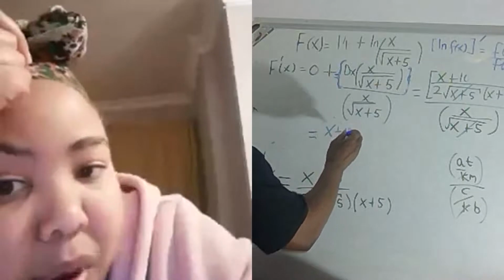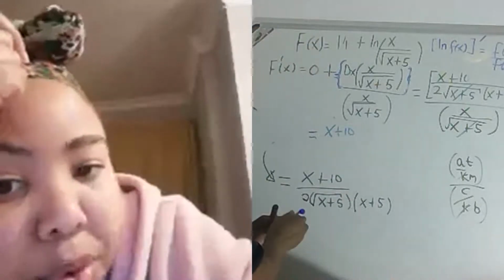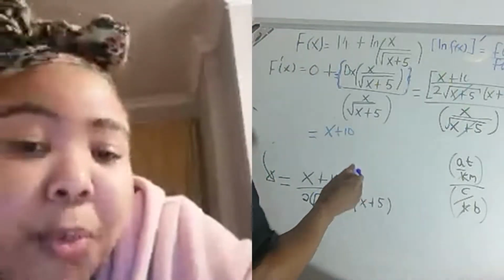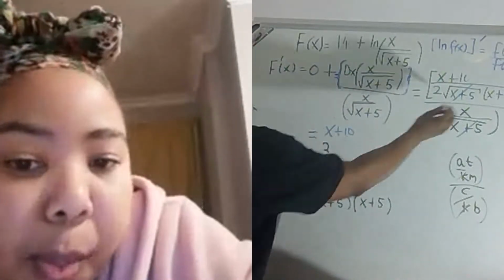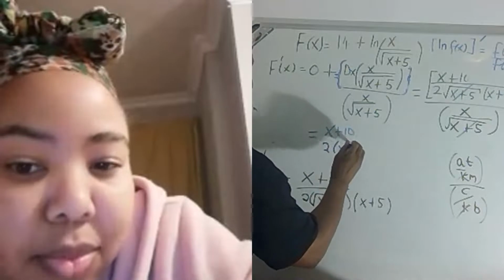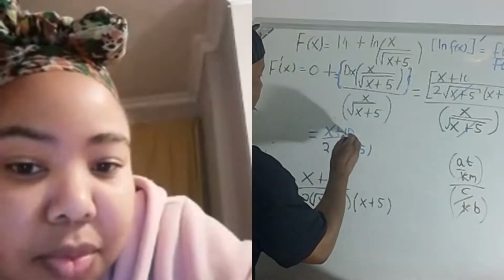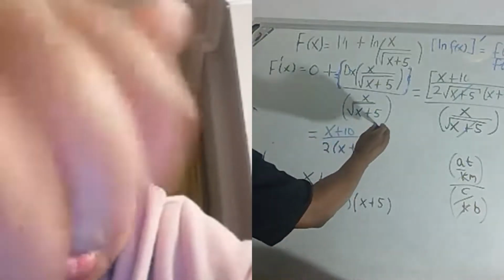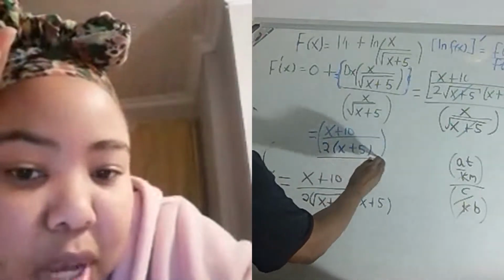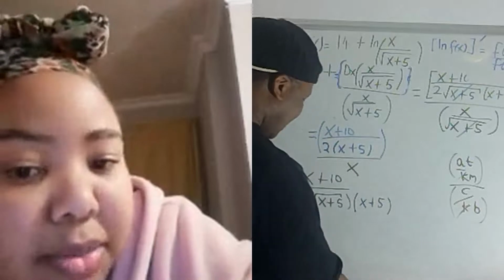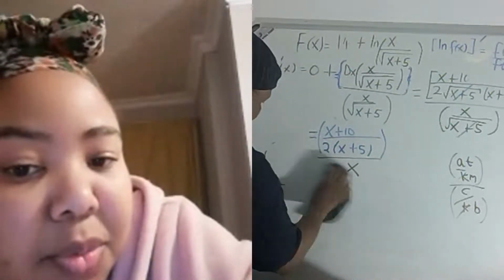Then your x is going to go to the 2, and then bracket x plus 5. We are left with one more x. Now tell me, where is it going to go?